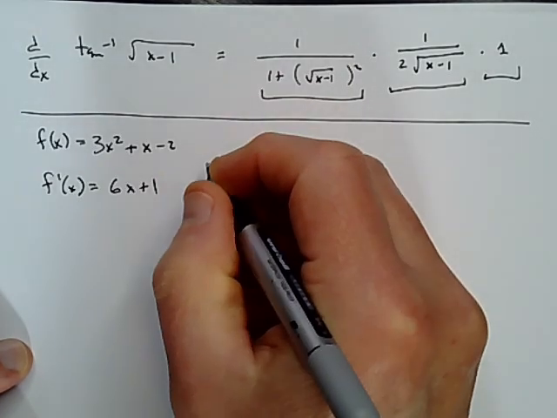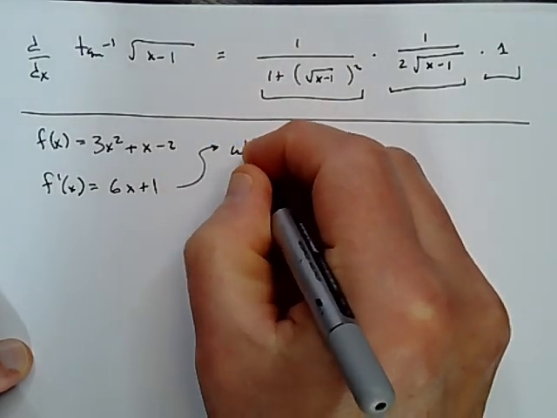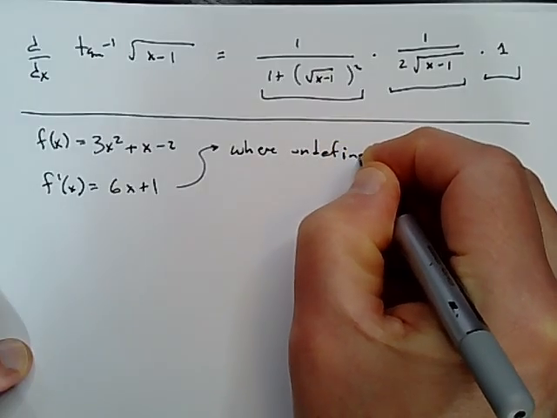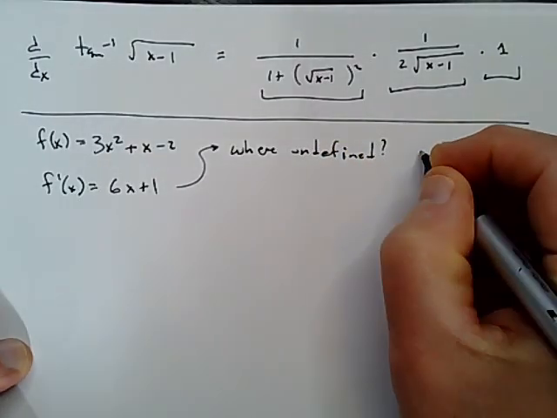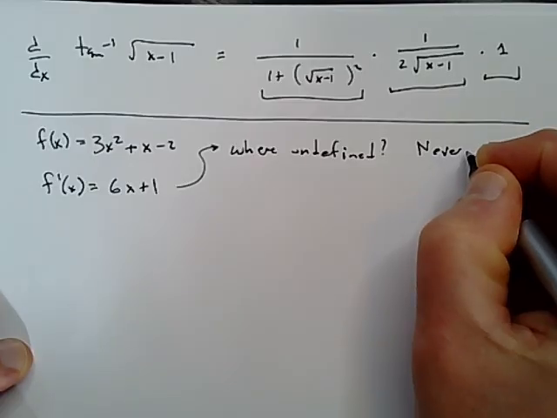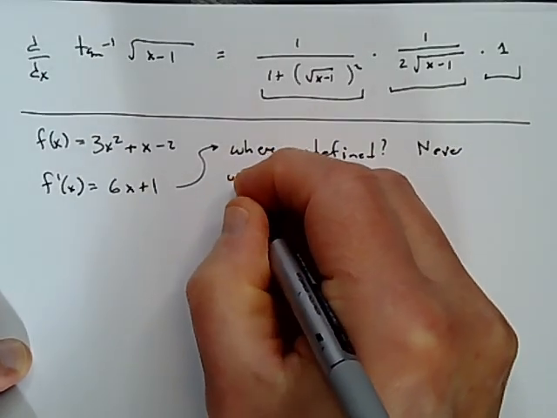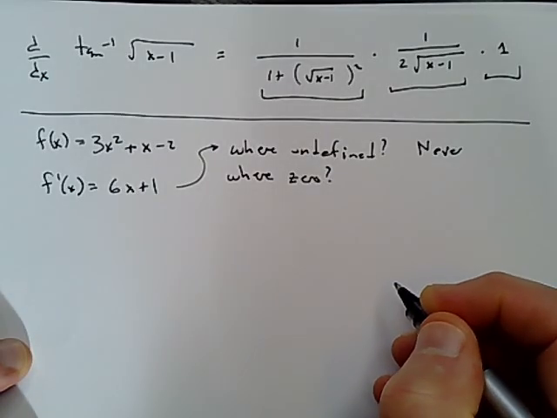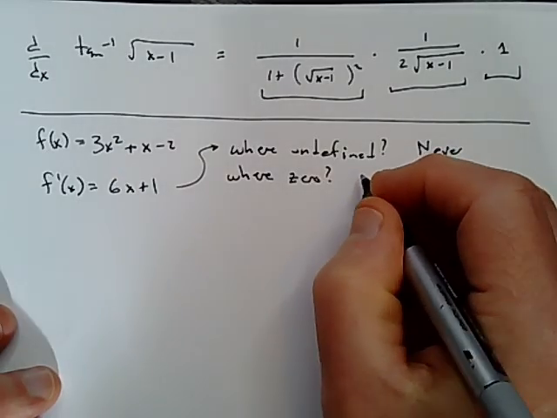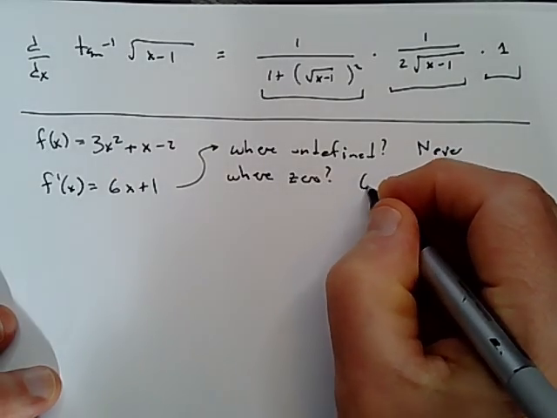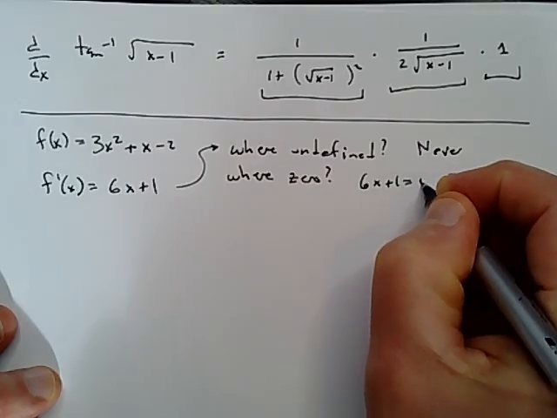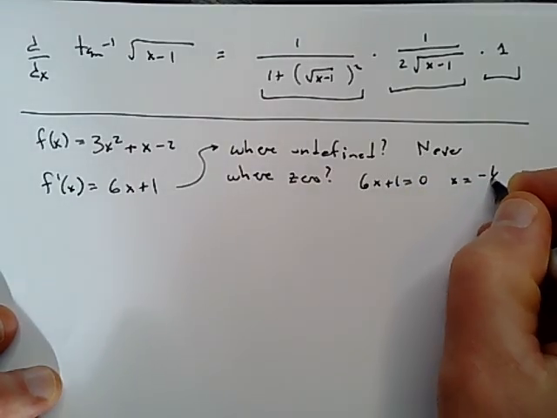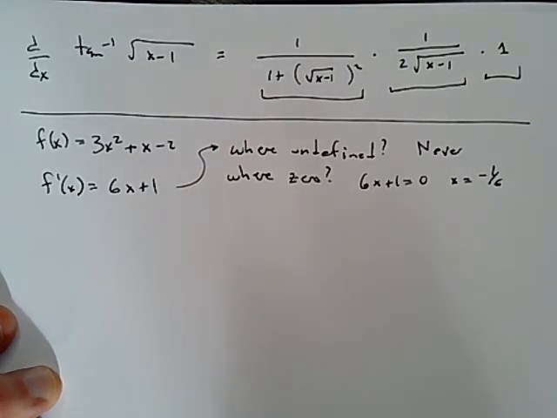Where is it undefined? The answer is never; it's always defined. And where is it 0? Where 6x plus 1 equals 0. So x is minus 1/6. Okay, so that's the only critical number.